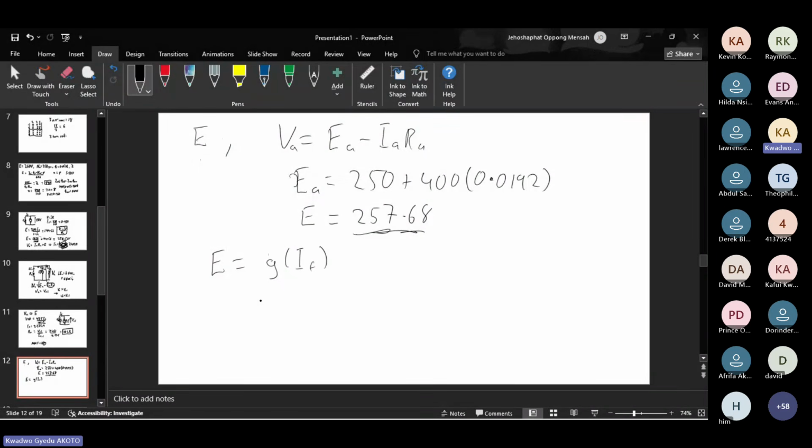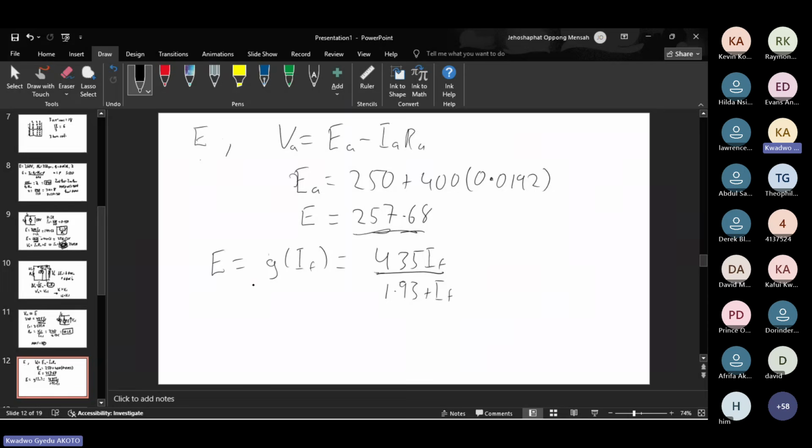So we know that this is 435 IF on 1.93 plus IF. So we are going to look for the IF that is going to give us this characteristic at full load.